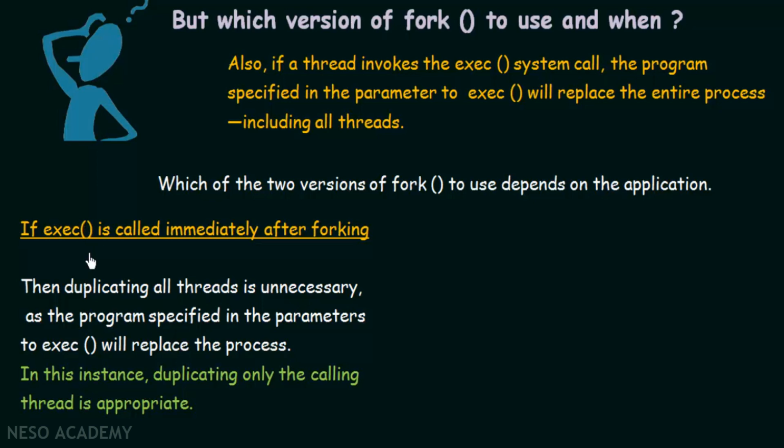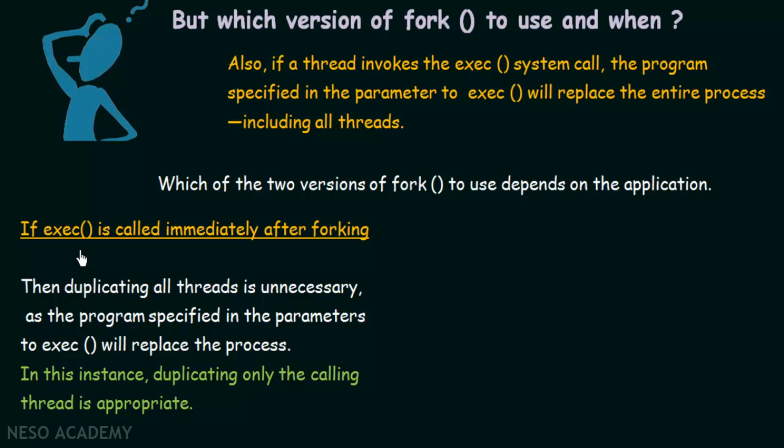So just think, if we duplicate all the threads, what will happen? Even though we have duplicated all the threads, the exec system call is going to replace those entire threads with something else, because that is what exec does. It becomes useless to duplicate all the threads, because anyway they are going to be replaced by another process.